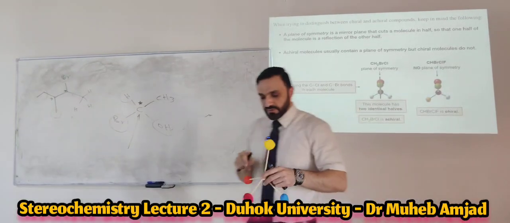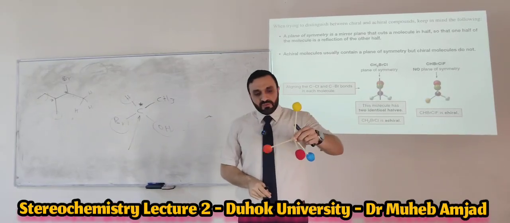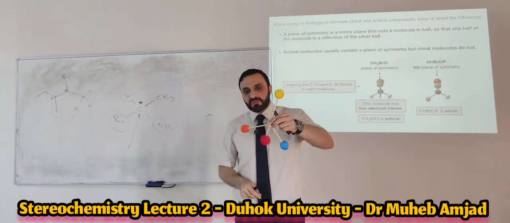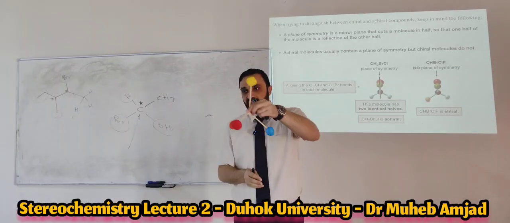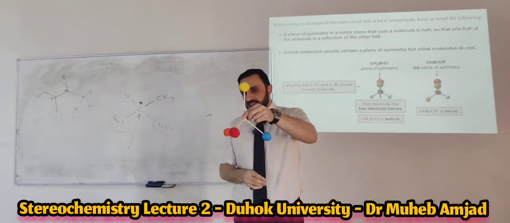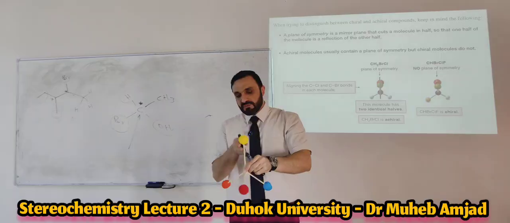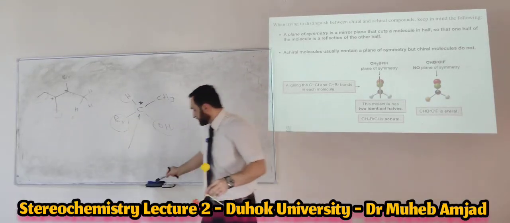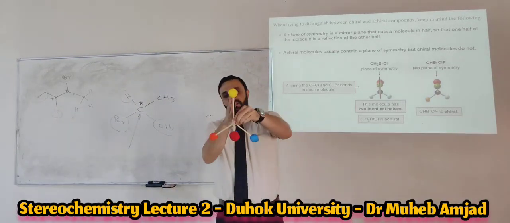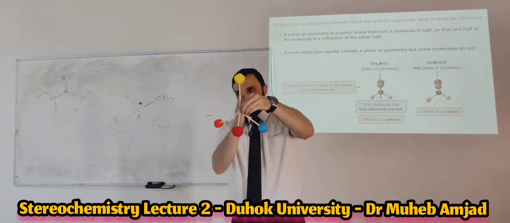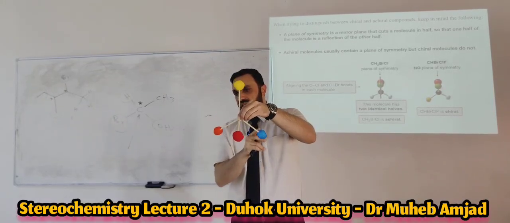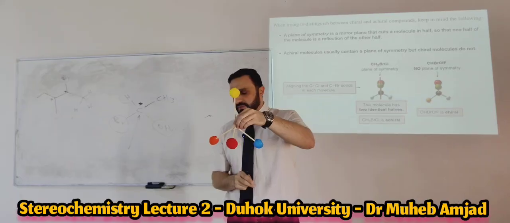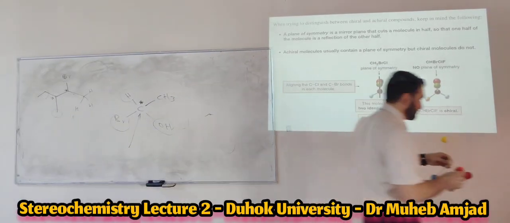So, if I tell you we have a plane of symmetry here, a plane of symmetry that cuts the molecule into 2 parts. If I put the plane of symmetry on this side, and this side, this atom is different from this atom. Okay, that means it is not a plane of symmetry. I will change one of them.